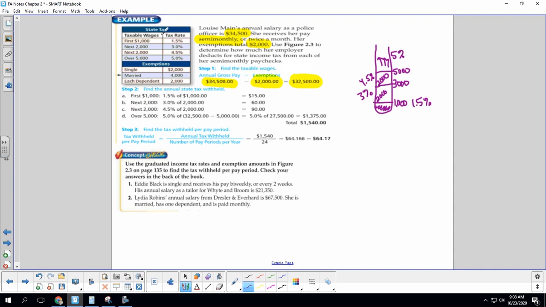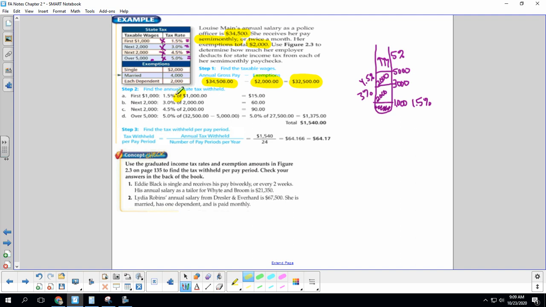So usually when we're attacking the table, until we run out of money, we're just going to times and equal, times, equal, times, equal, subtract, times, equal. So when we look at the process, on the first $1,000, it's 1.5%. She definitely made more than $1,000.